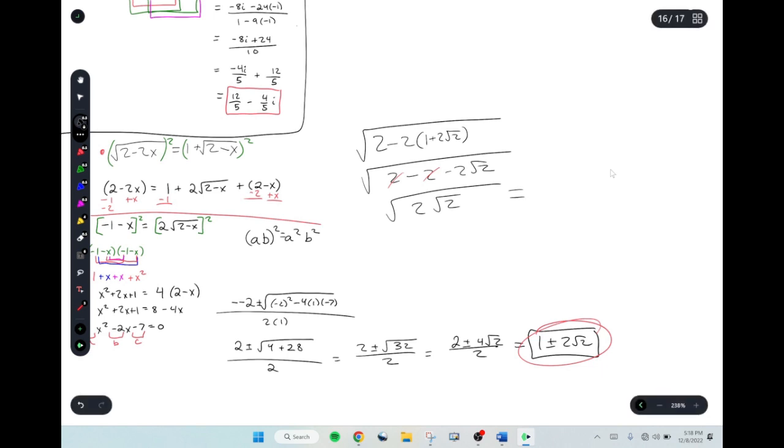We just need to know what it equals. We don't have to solve it to know what it equals. Watch this. Big old 1 plus square root of 2 minus 1 plus 2 root 2. 1 plus square root of 2 minus 1 minus 2 root 2. 1 plus 1 minus 2 root 2.